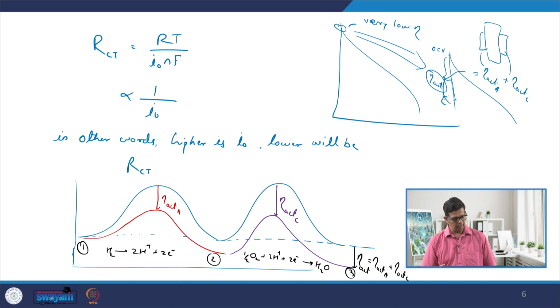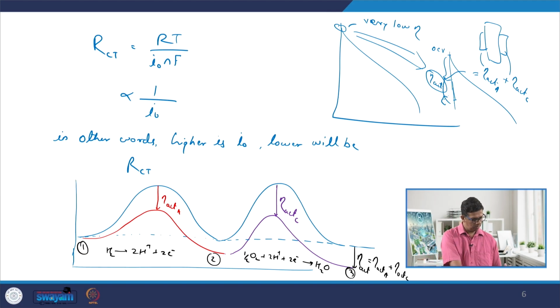The second reaction is far more sluggish compared to the first forward reaction at the anode, and that is why the activation overpotential of the first reaction, 1 to 2, the hydrogen oxidation, is far smaller compared to the activation overpotential of the second reaction, which involves oxygen, protons and electrons.